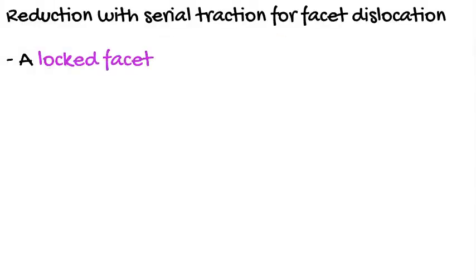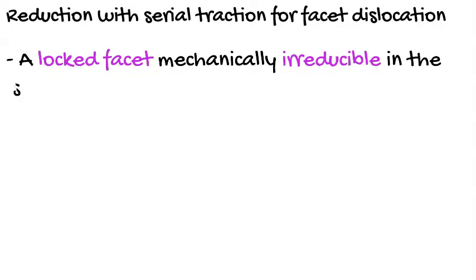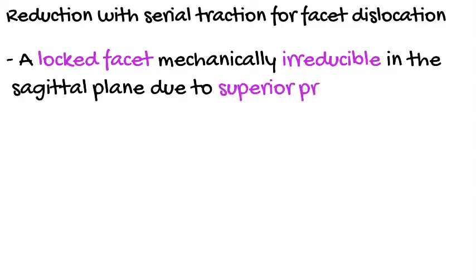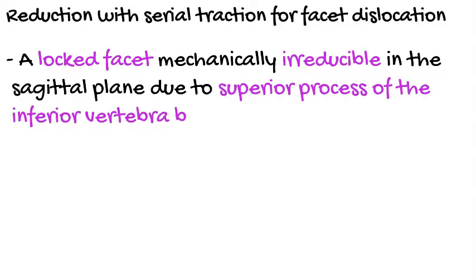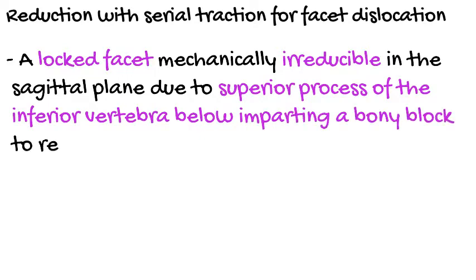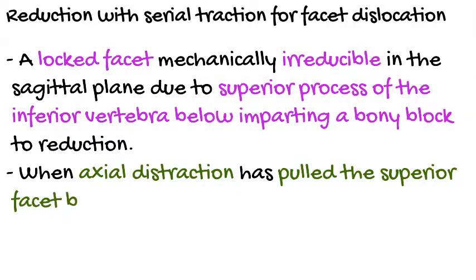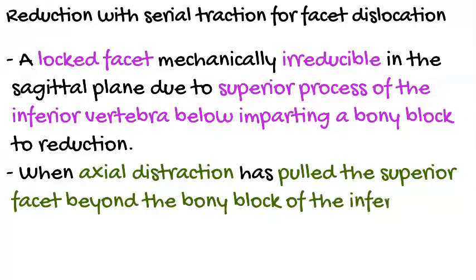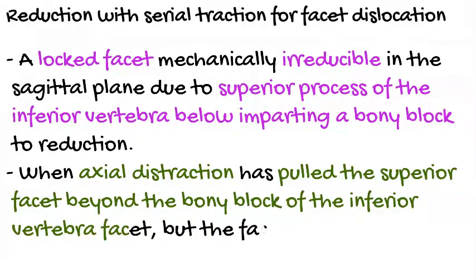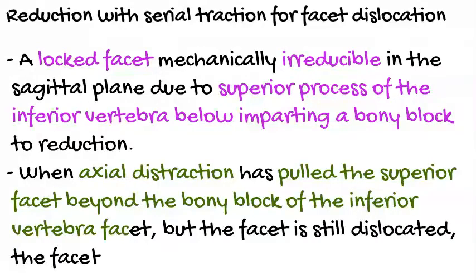A locked facet is mechanically irreducible in the sagittal plane due to the superior process of the inferior vertebra below imparting a bony block to reduction when axial distraction is pulled. The superior facet is pulled beyond the bony block of the inferior facet, but the facet is still dislocated.